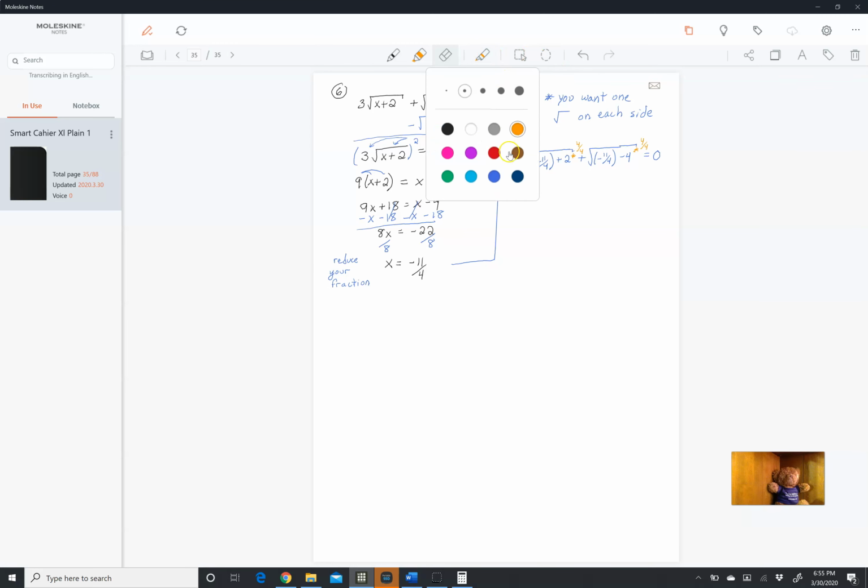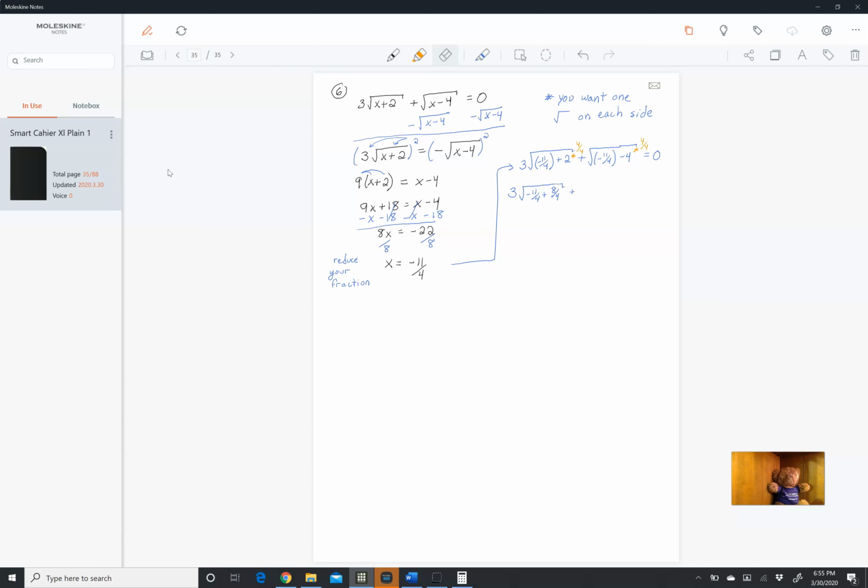So what we wind up with, I'm doing this in a lot of steps. You can skip some of these steps, but I do encourage you to write as much as you can. So we have negative 11 over 4 plus 8 over 4 under here.